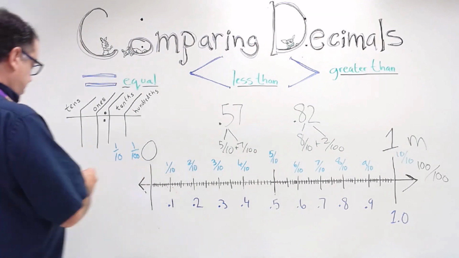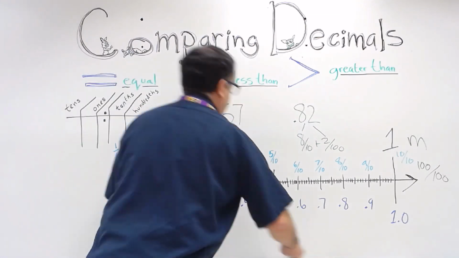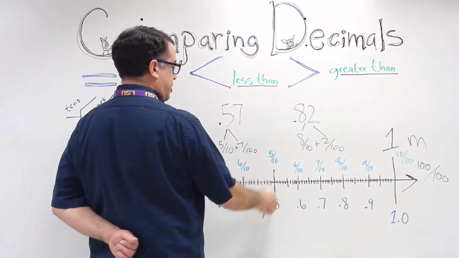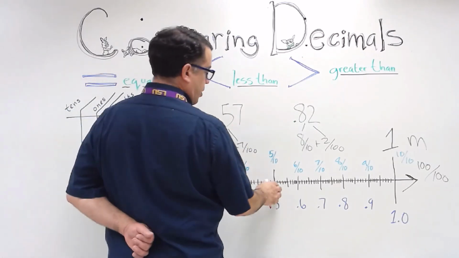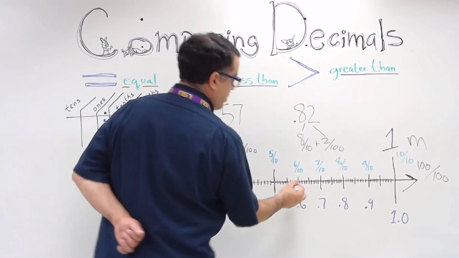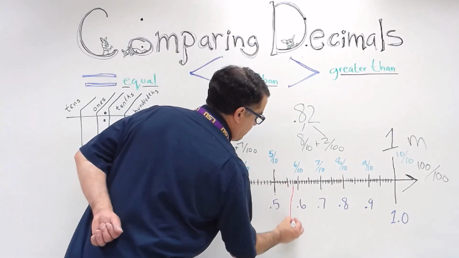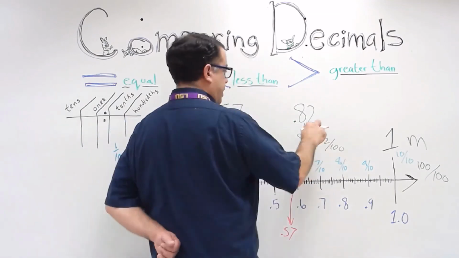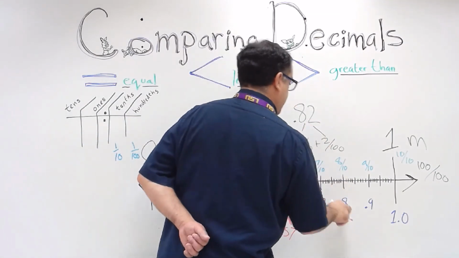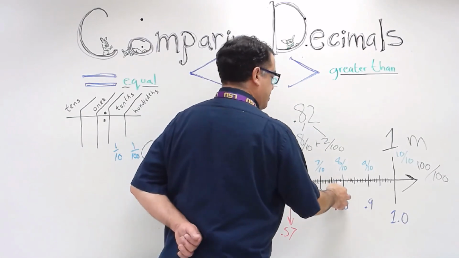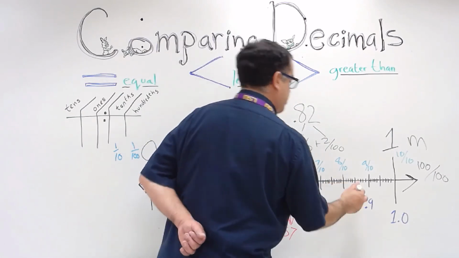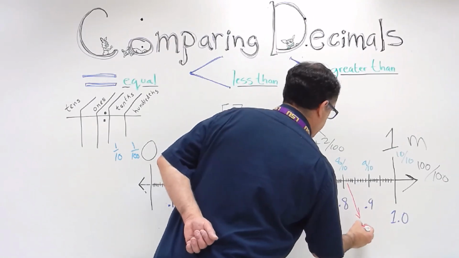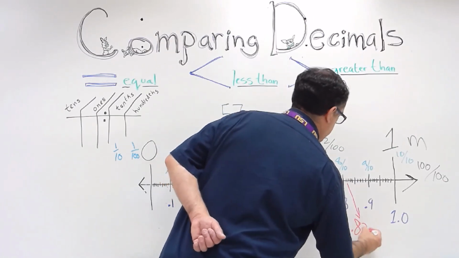All right, let's see if we can find it on the number line. Here is 5 tenths. 5 tenths is right in the middle. Then I have to count 7 more. 1, 2, 3, 4, 5, 6, 7. There it is right there. 0.57. And 82 hundredths, I have to look for 8 tenths first. There's 8 tenths. And then 2 more hundredths puts me right here. 0.82.